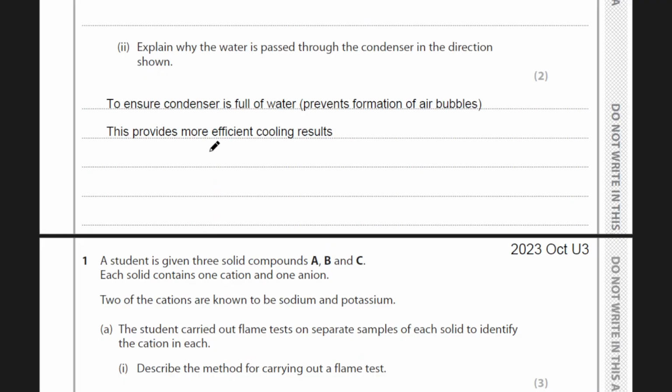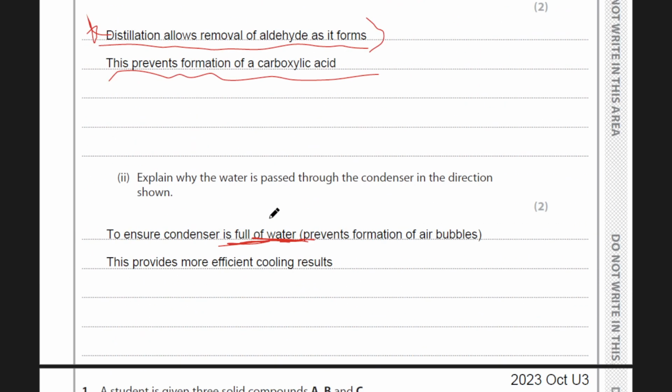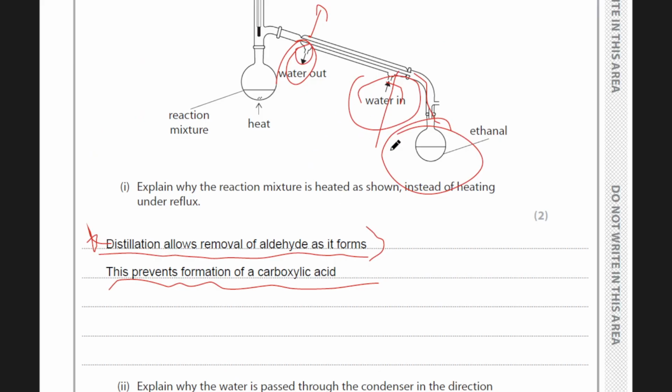This ensures that the condenser is full of water, and this is very important because it prevents the formation of air bubbles. If air bubbles are produced, the cooling process will become less efficient, which we do not want. So the way in which the water enters and leaves is very important.